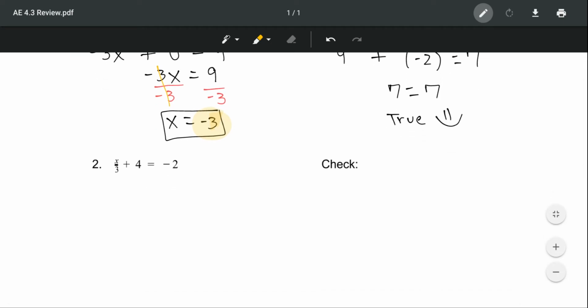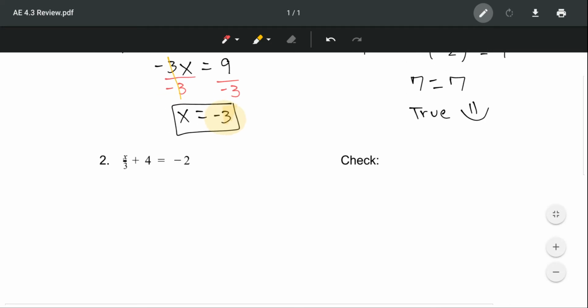In number 2, you have x divided by 3 plus 4 equals negative 2. Since this is already addition, you don't have to rewrite the equation. So all we have to do is get rid of 4 by adding negative 4 to both sides.